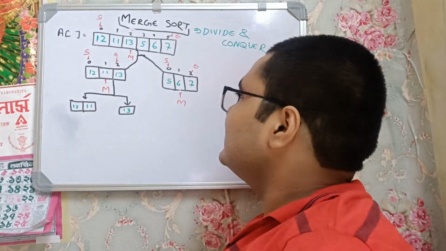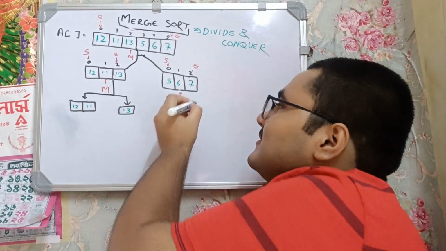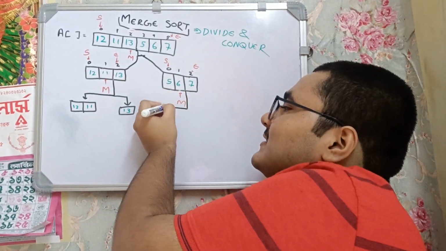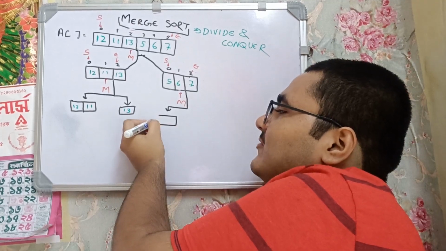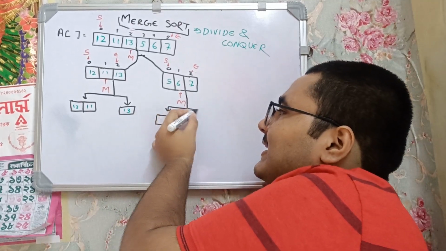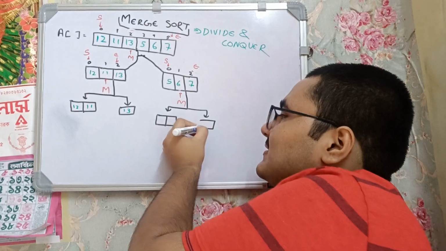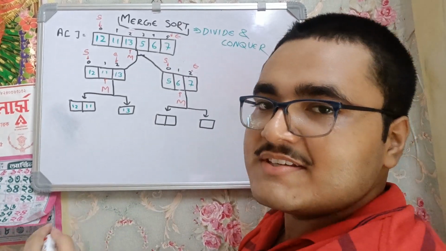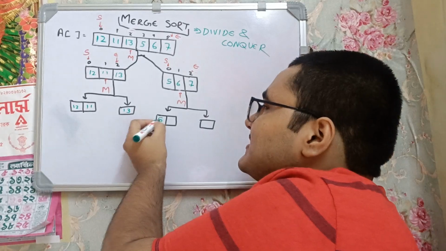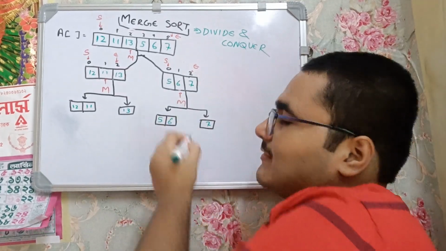And again if I just divide this right hand side portion, here we get 5 and 6 and here we get 7, right? In the left portion we get 5 and 6, here we get 7.